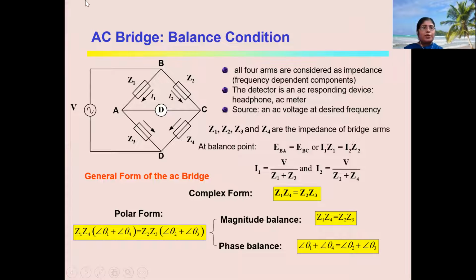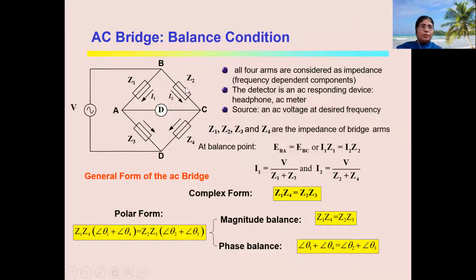This is called the magnitude balance condition. The other balance condition is the phase balance condition. That is, the sum of the phase angles of impedances Z1 and Z4 must also be equal to the sum of the phase angles of impedances Z2 and Z3. That is, angle theta 1 plus angle theta 4 must be equal to angle theta 2 plus angle theta 3.